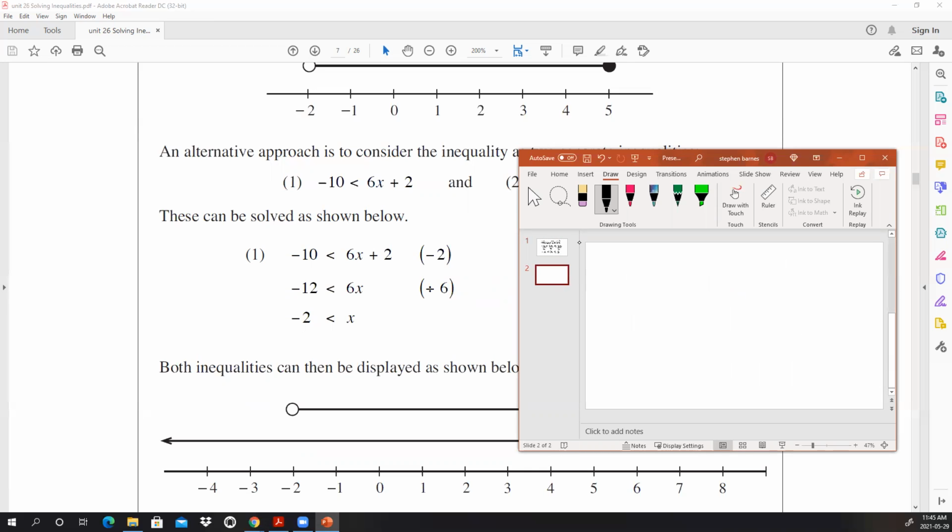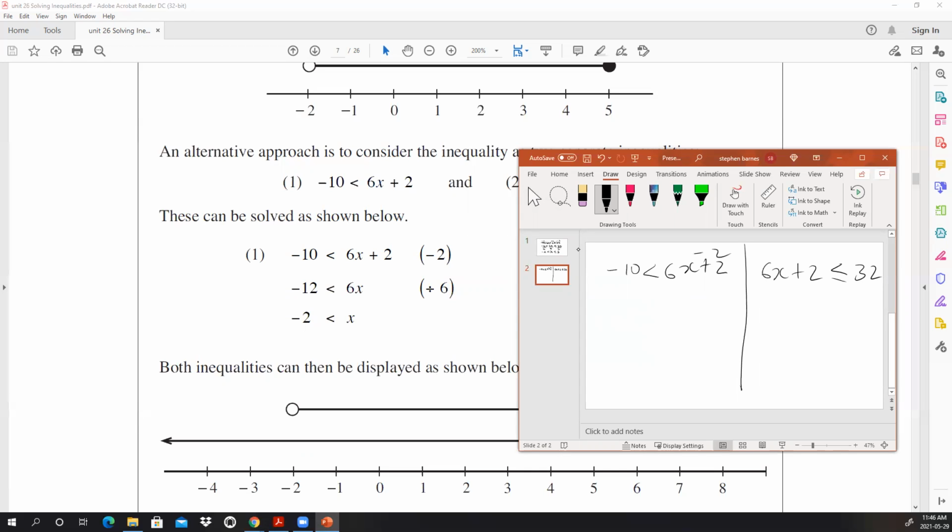So you'd have minus 10 less than 6x plus 2, and you work on that. And then the other side, you would have 6x plus 2 less than or equal to 32. Yeah, almost sure. Let me check. Good. So you can break it up in 2, and then you work on this by itself.